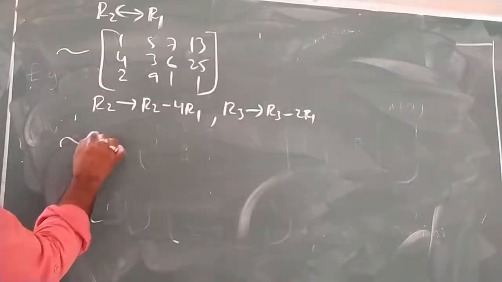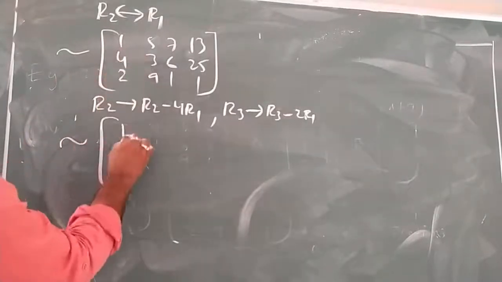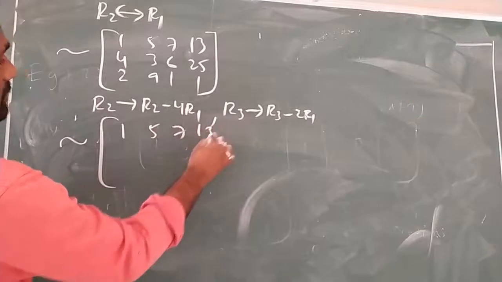So this is the equivalent symbol. The first row will be the same, 1 5 7 13.